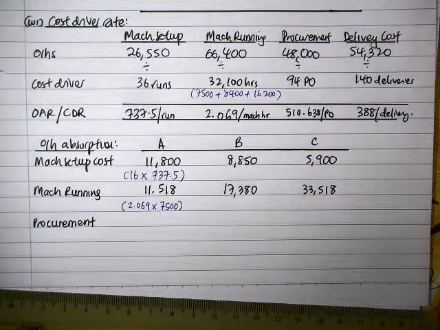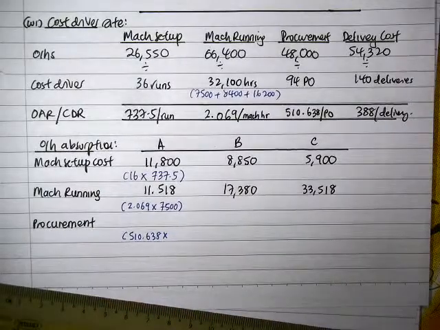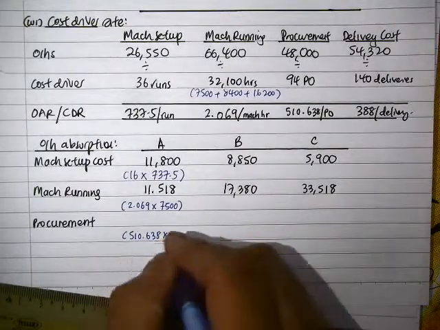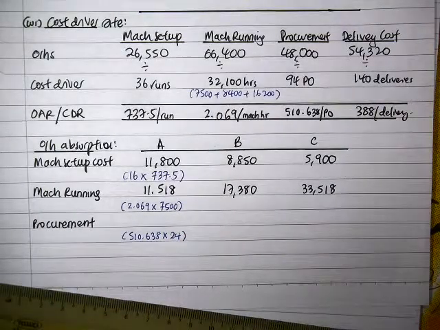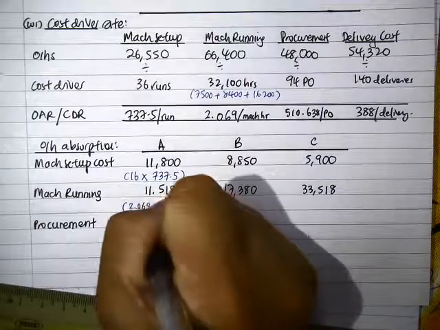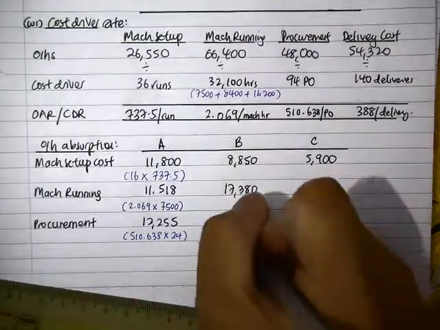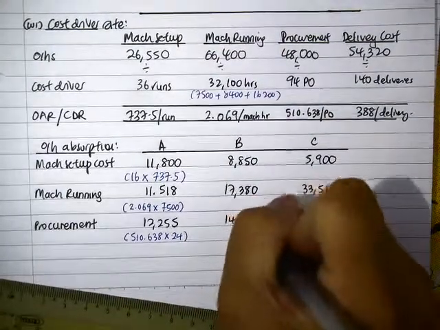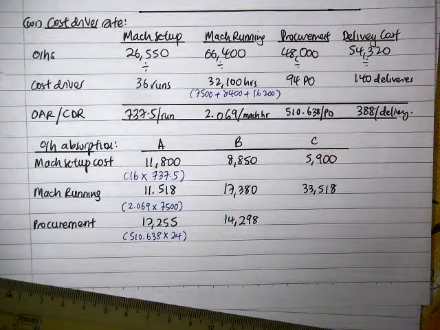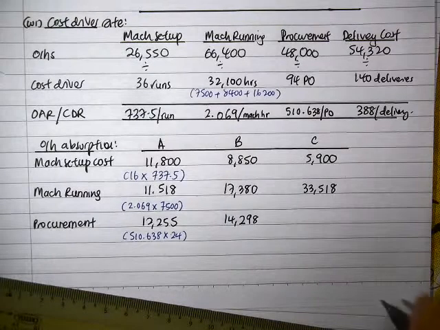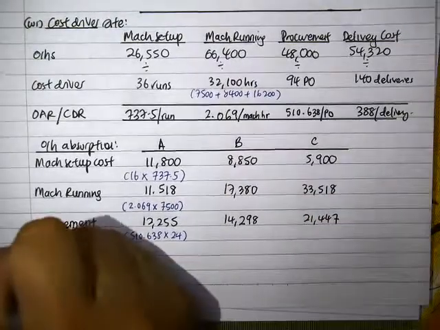Right, procurement wise, we have the rate as 510.638 per purchase order, and we have 24 purchase orders for A. So 510.638 times 24, 12,255. 28 purchase orders, 14,298. Then 42, 21,447.